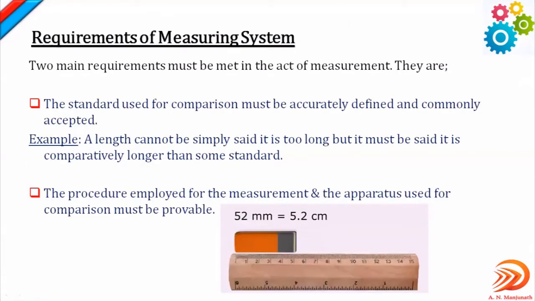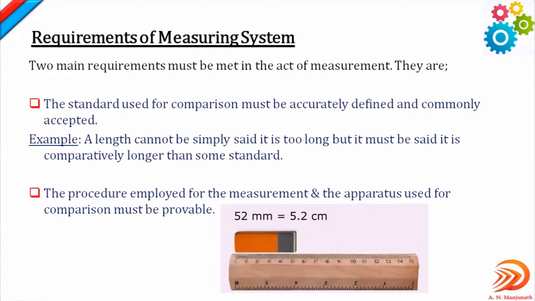The next topic is about requirements of a measuring system. Why is a measuring system actually required? There are two main requirements in order to do the act of measurement.